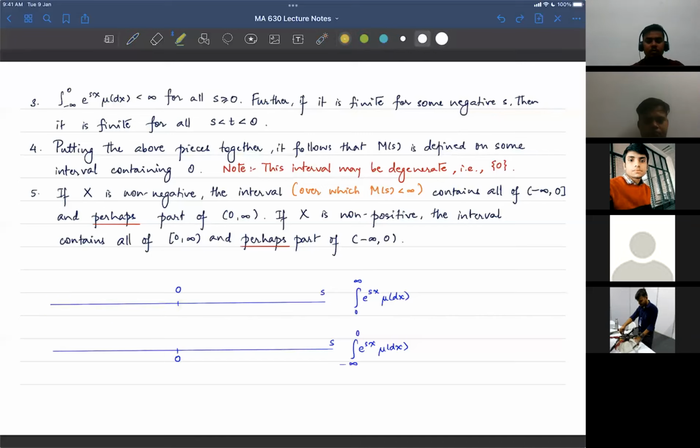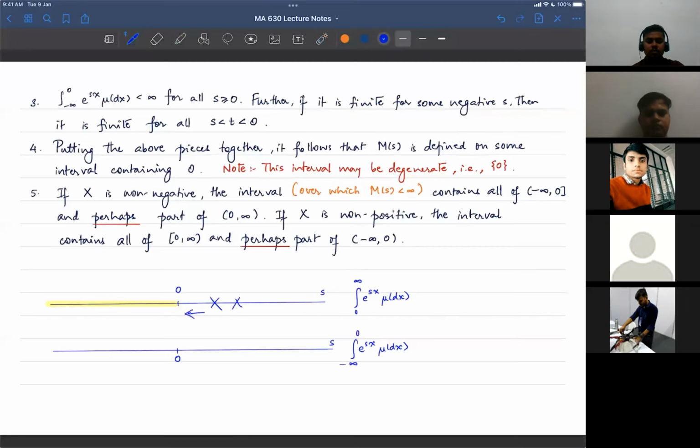We have already shown that. And we have shown that if it is finite somewhere here, then it's finite to the left of that. Correct? And if it's finite here, then it's finite to the left of that. We have shown that.